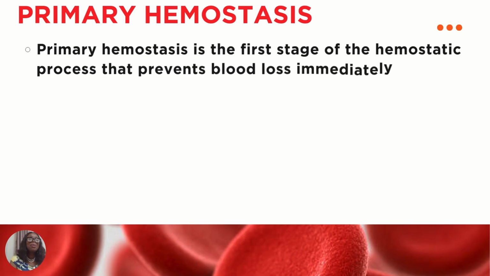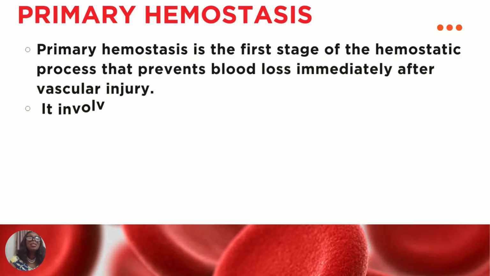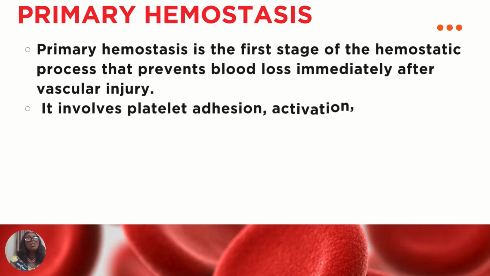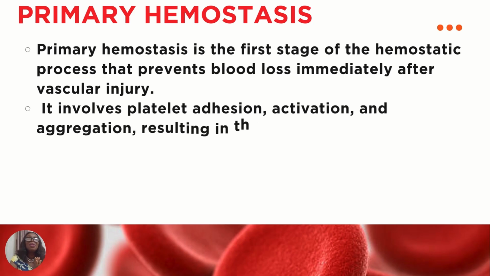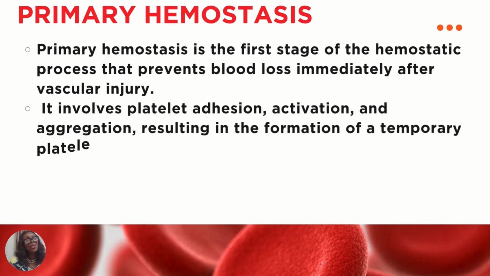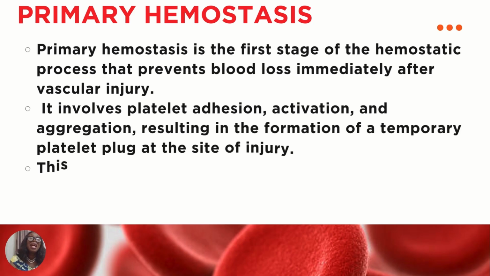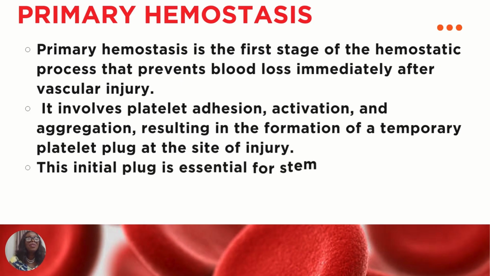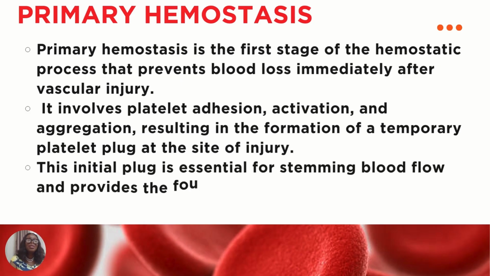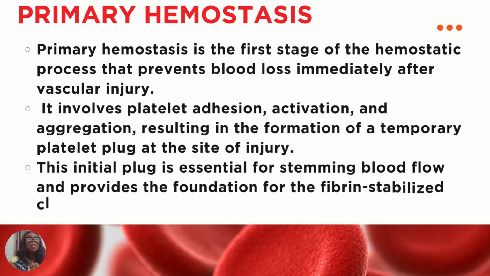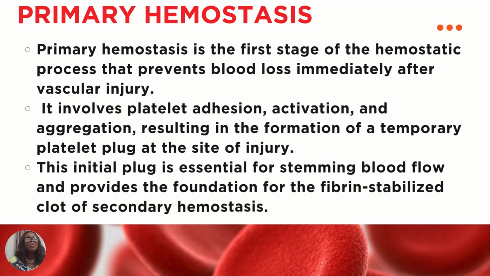What is primary hemostasis? Primary hemostasis is the stage of hemostasis that prevents blood loss immediately after vascular injury. It involves platelet adhesion, activation, and aggregation, resulting in formation of a temporary platelet plug at the site of injury.